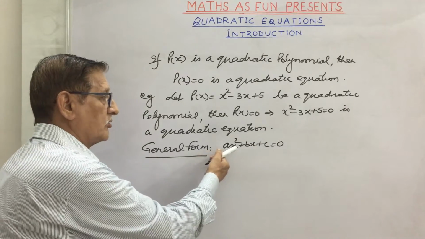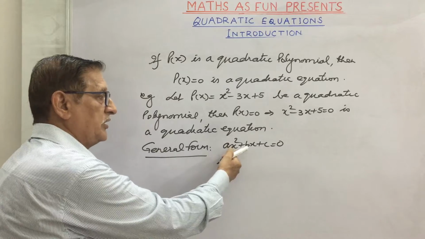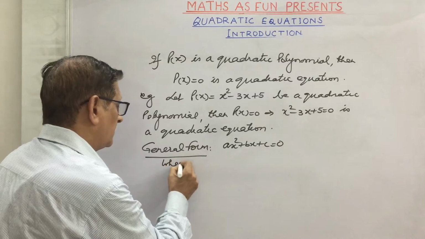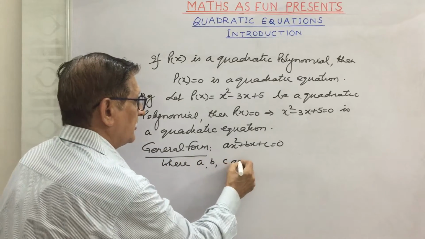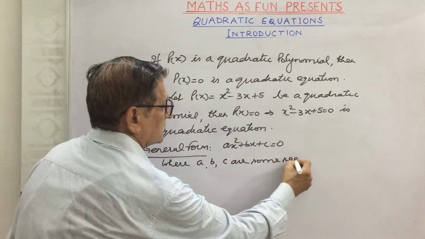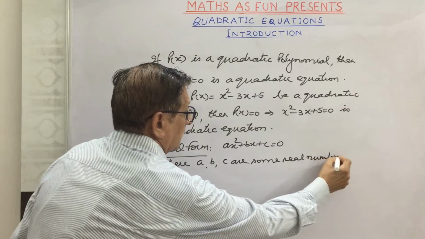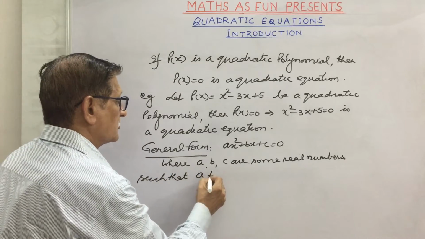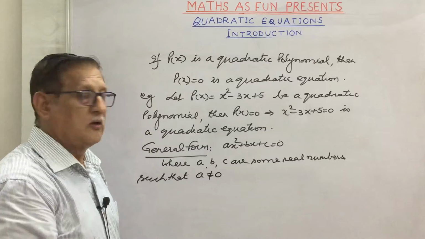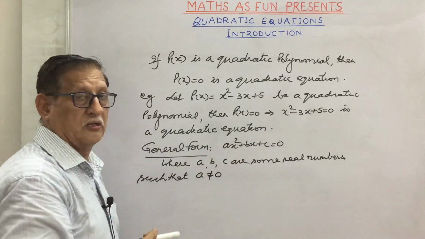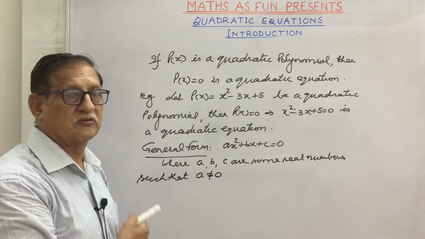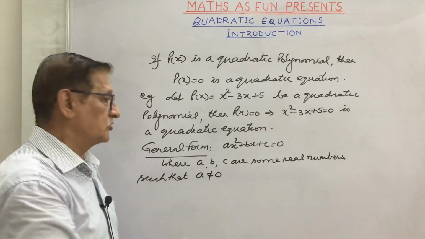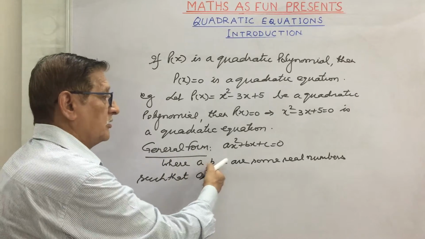That is, a is the coefficient of x², b is the coefficient of x, and c is the constant term, where a, b, c are some real numbers such that a is not equal to 0. Why? Because if a is equal to 0, this will be a linear equation. This will not be a quadratic equation. That's why a cannot be equal to 0. So these are known as the coefficients.